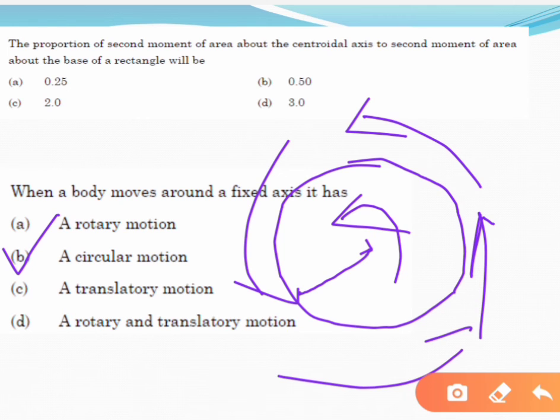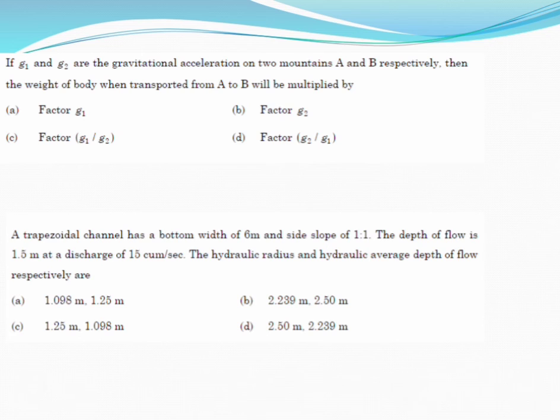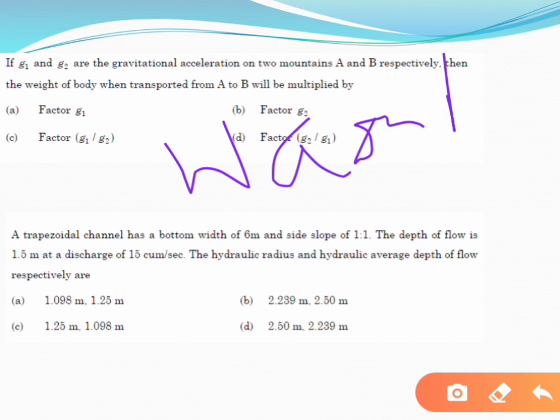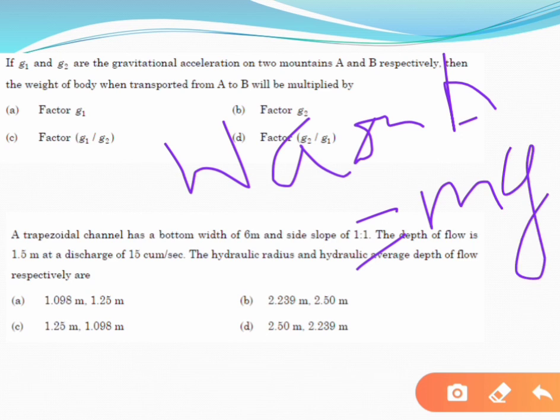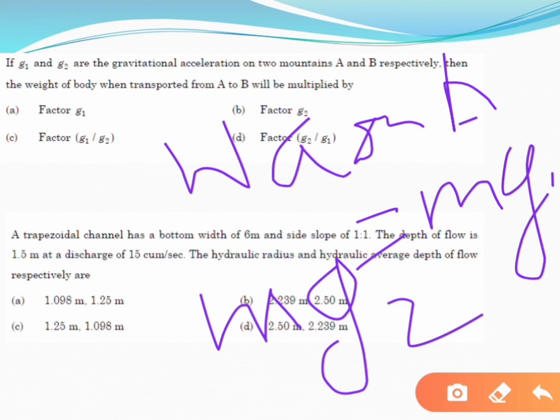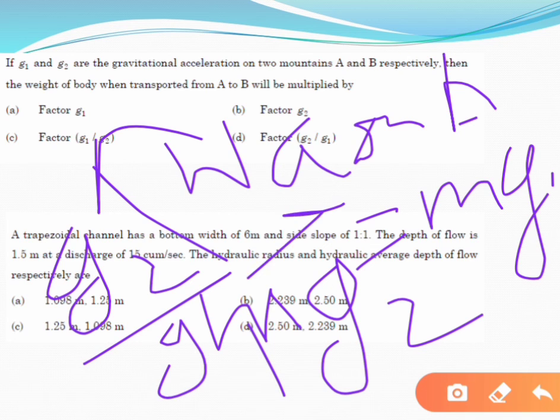Now proceeding to the next question. If G1 and G2 are the gravitational accelerations on two mountains A and B respectively, then the weight of a body when transported from A to B will be multiplied by what? The weight of the body on A is m g1, and the weight of the body on B is m g2. So it is a factor of G2 by G1, the ratio of WB to WA.